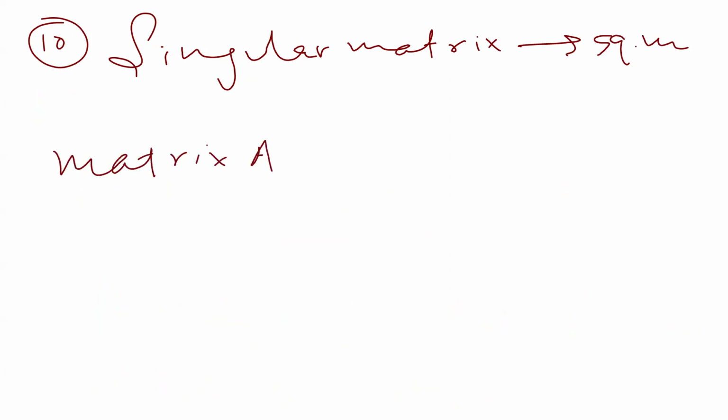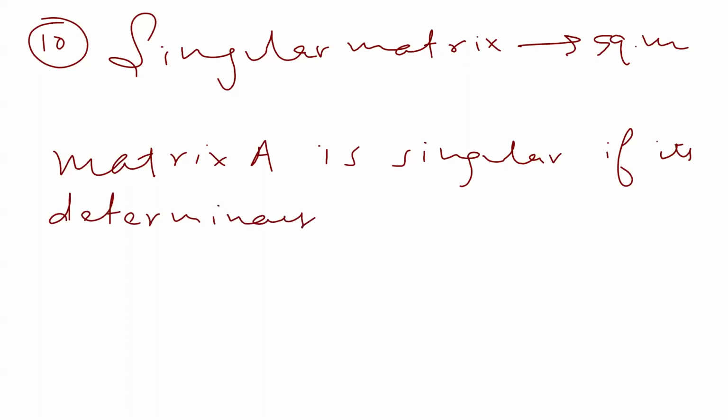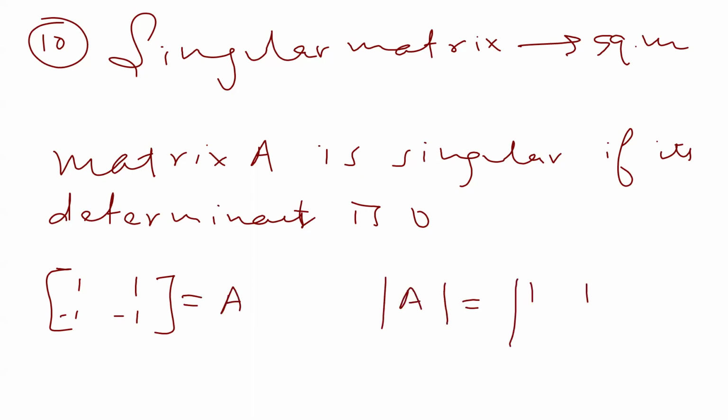Matrix A is singular if its determinant is 0. For example, let this be matrix A. We'll find out the determinant of this matrix.